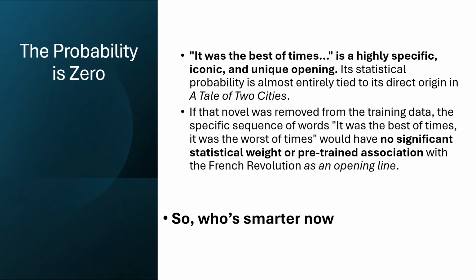"It was the best of times" is a highly specific, iconic, and unique opening. Its statistical probability is entirely tied to its direct origin in A Tale of Two Cities. There's no significant association of weights or biases in a pre-trained LLM that would relate those words to a request to start a book on the French Revolution, a romantic novel about the French Revolution.